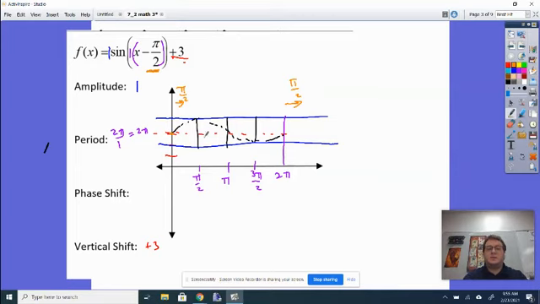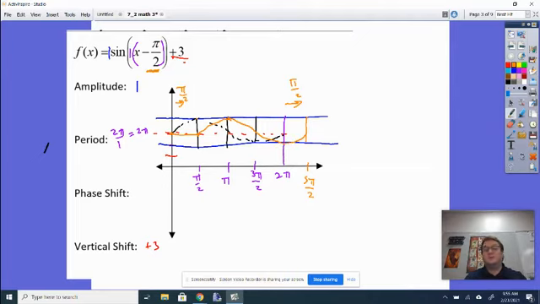So instead of starting at 0, I'm going to move over and start at pi over 2, which means this point would then move over, and the middle point here would move over, and so on and so forth. Okay, but I do need to add one more spot for 5 pi over 2. So now my function, instead of existing there, is moved over, and this is the one you would want to draw. Oops, let me draw that better. And it looks like this.